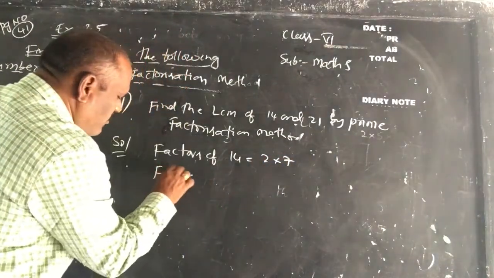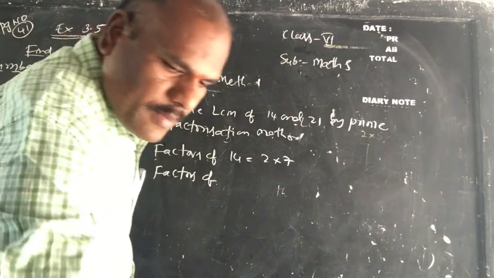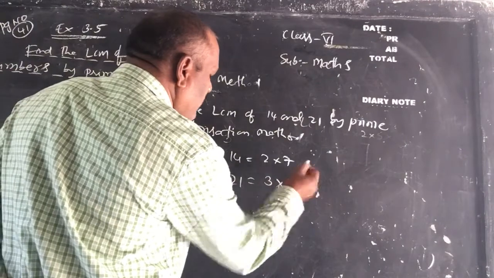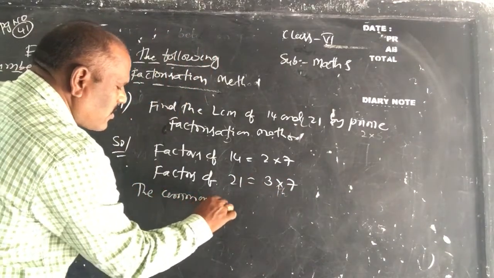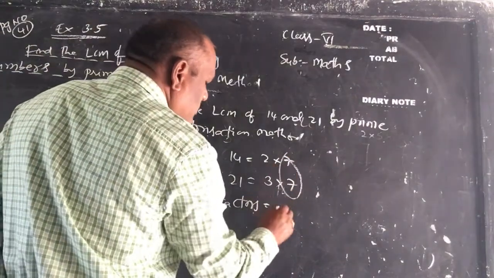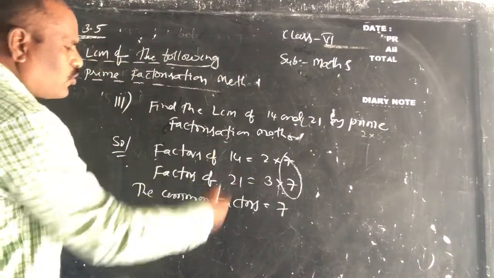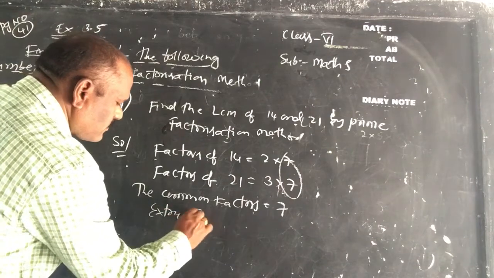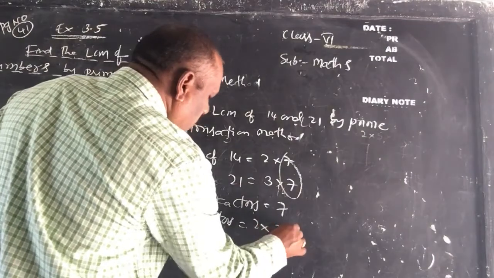The factors of 21 equal 3 into 7. Now the common factor equals 7. The extra factors equal 2 into 3.